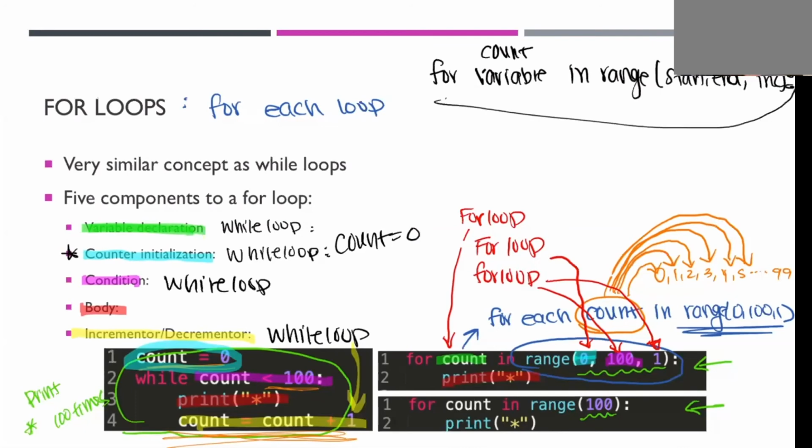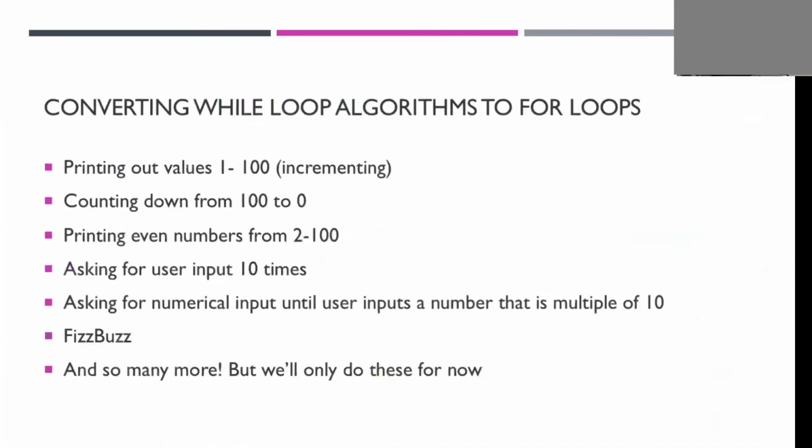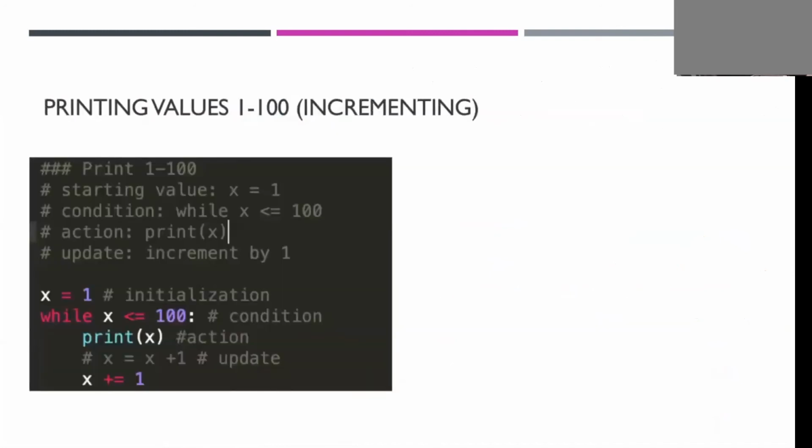And this is exactly what we're going to use for all of our examples coming up next. We will pretty much redo all of these algorithms, but instead of using while loops, we're going to use for loops. Let's go ahead and get started. Hopefully that will clear up any difficulties with this topic, but I don't think it's too bad.